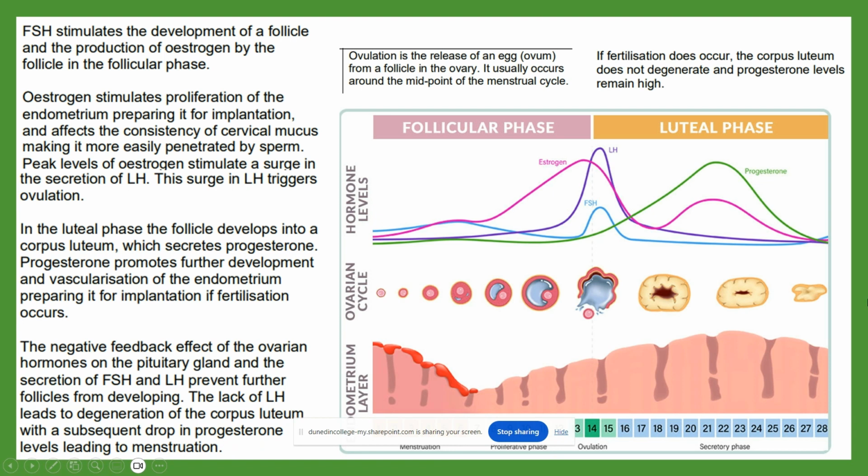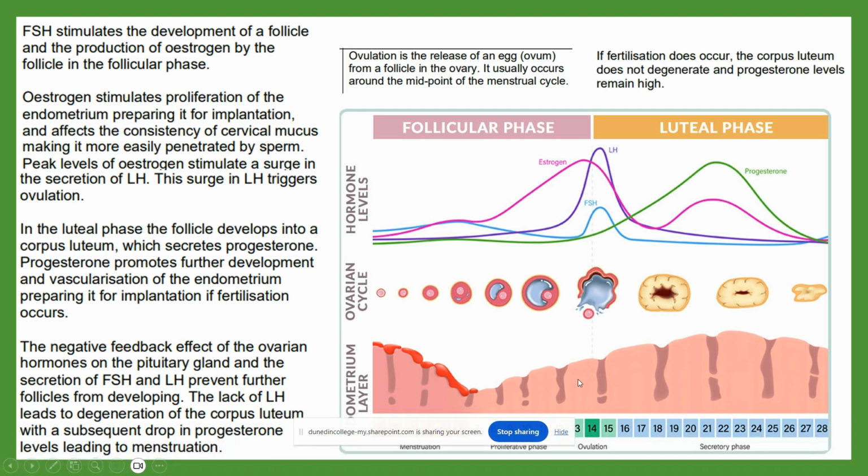The only way this would differ is if fertilisation were to take place, in which case the corpus luteum would not degenerate, the progesterone levels would remain high, and the endometrium is maintained for the duration of a pregnancy so that implantation can take place.